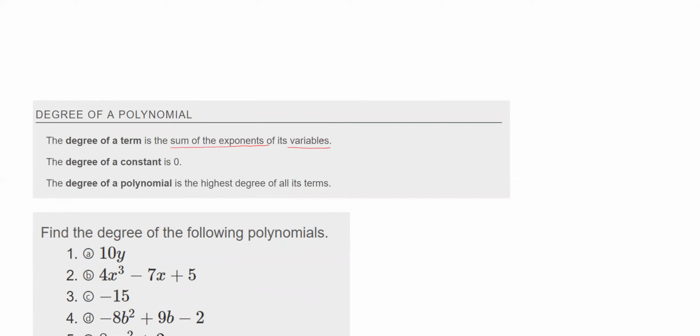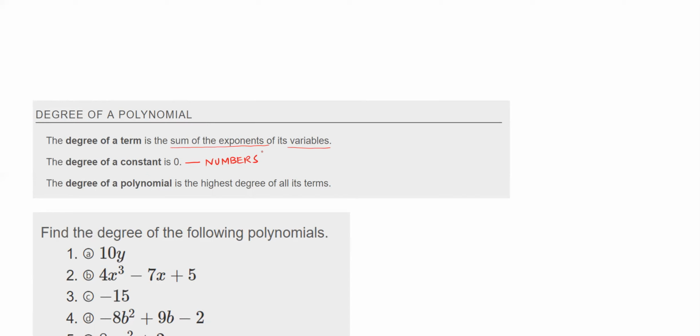For a number, do we have a term? For a number, do we have a variable? Constants do not have variables. So if there are no variables, you can't really add their powers, right? So for numbers, there are no variables, therefore the degree is 0.